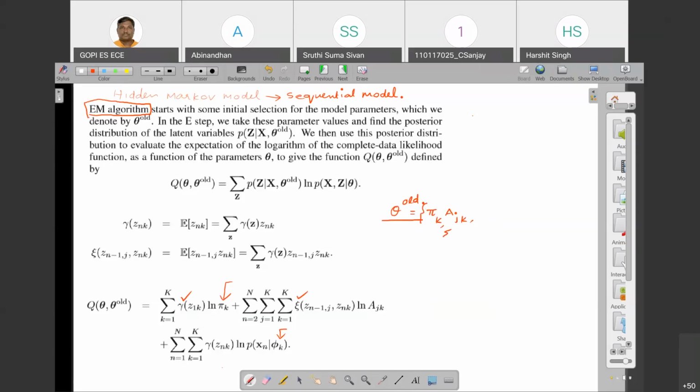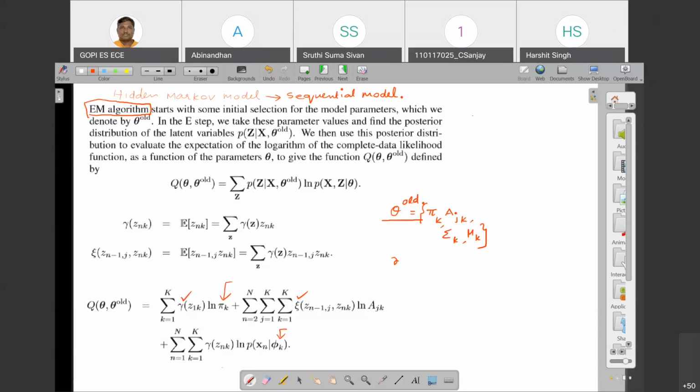So you have this sigma k, mu k, all those things initialized. Then you are going to get the expected value of this gamma and zeta, which we call the expectation stage.